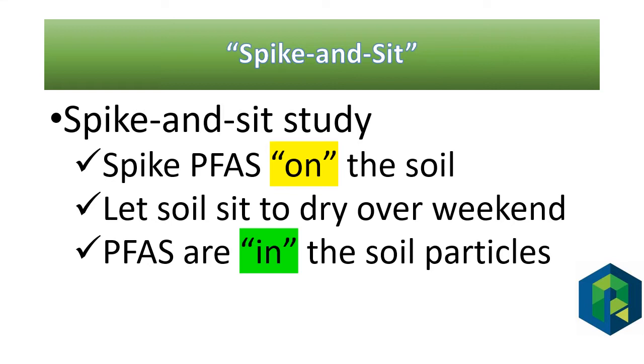So you spike the PFAS onto the soil. They're lightly bound. You let the soil sit to dry over the weekend or a few days, and presumably now the PFAS are more tightly bound to the soil particles. They're in there. Okay? And once the PFAS are more tightly bound to the soil particles, now we can explore different extraction methods.